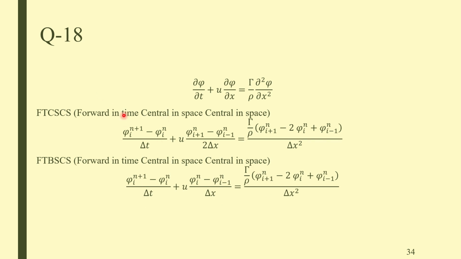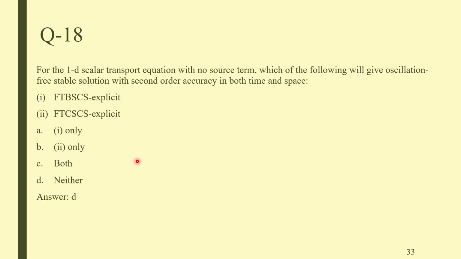So here we can say that forward time and forward space both give first order accuracy with respect to time. So they are not second order accurate at all, and they can lead to oscillation. It may not give a stable, oscillation free solution, but on the basis of accuracy itself, we can ignore both the statements.